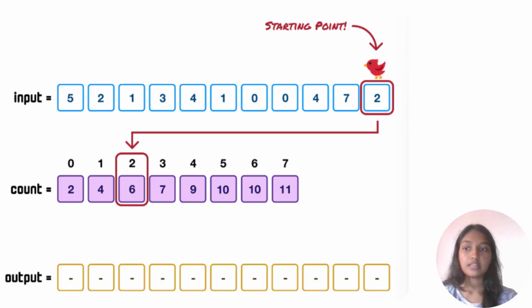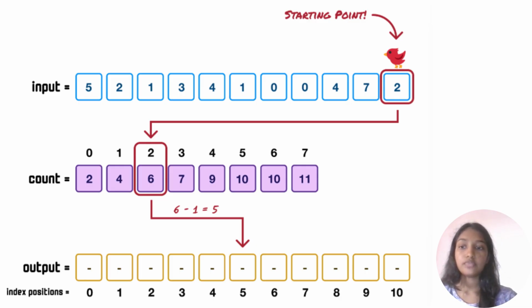This 6 defines the position our last item in the input array, the one with the 2 value, will be when sorted. Because the 6th position needs to account for 0 based indexing, we reduce it by 1 and find the index position 5 in our output array.